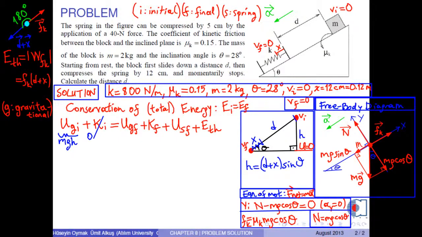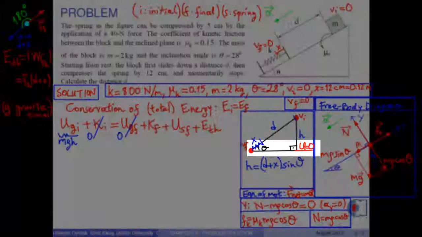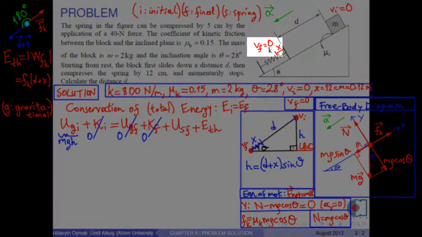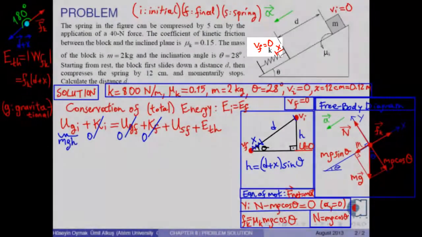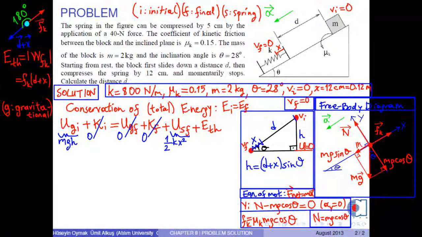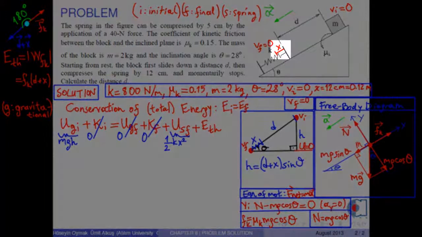The final gravitational potential energy of the block is 0, since it is at the bottom. The final kinetic energy of the block is 0, since it momentarily stops at this point. The potential energy stored in the spring is 1/2 k times x squared, because it is compressed by length x.